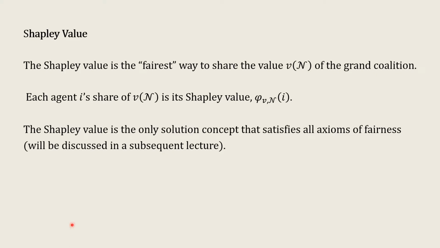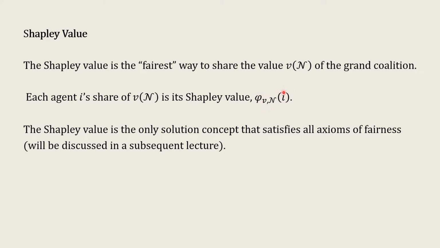So informally first, the Shapley value is the fairest way to share the value V(N) of the grand coalition N. Each agent i's share of the value of the grand coalition is its Shapley value, ψ_{V,N}(i).